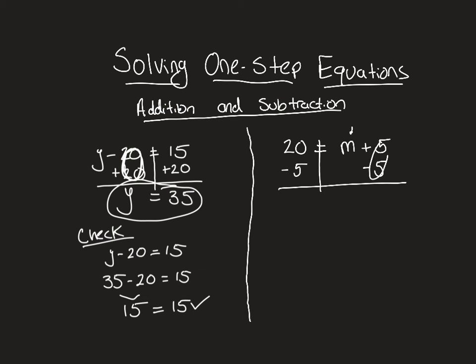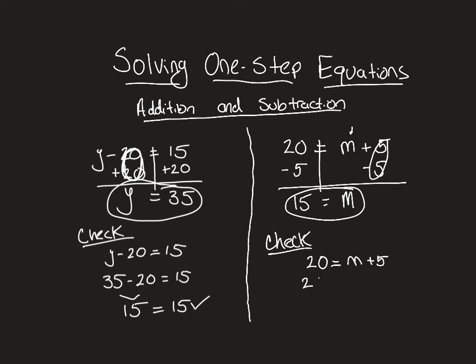Plus 5 and minus 5 go to 0, so I'm left with m. And then 20 minus 5 is 15. So I am claiming that m equals 15. So now I want to check my answer by copying down the original problem. So 20 equals m plus 5.